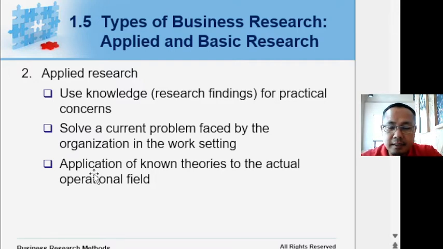For example, when I was enrolled in my PhD, my friend from TM came up with a training solution for a department, and as a result TM can save more than 2 million ringgit. That is a solution that solves the problem and gives a benefit to the organization.